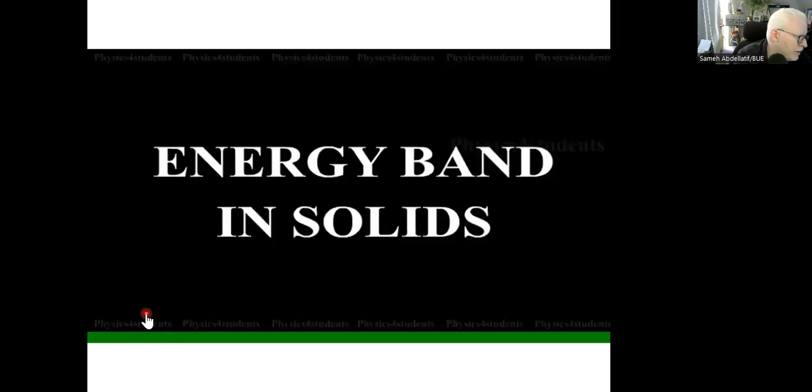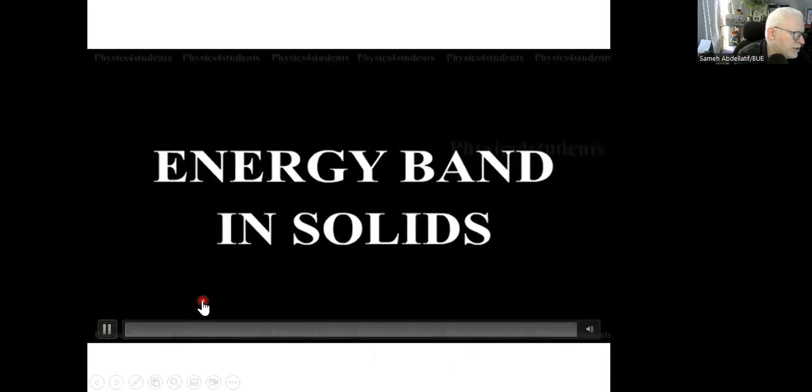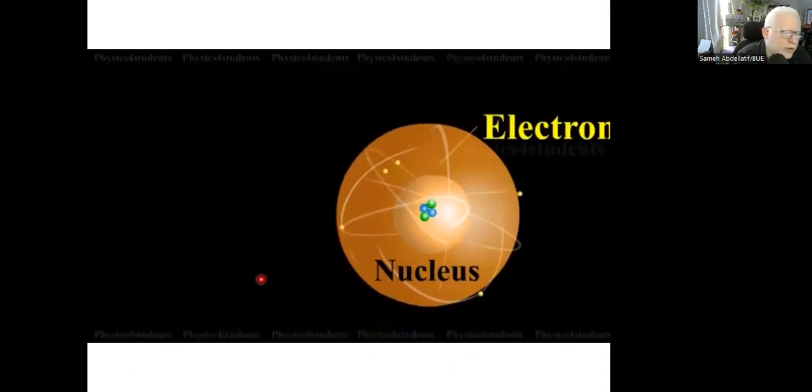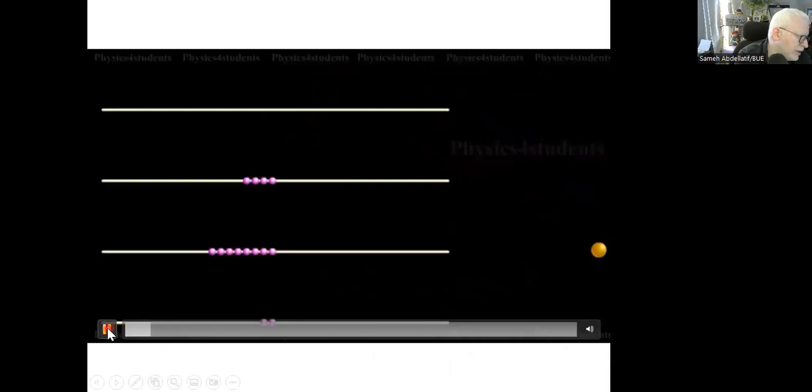I think it may be very helpful to see this together to understand the concepts of the valency band and the conduction band. As usual, we will take the case of silicon. If you remember from your chemistry classes, silicon contains 14 electrons.